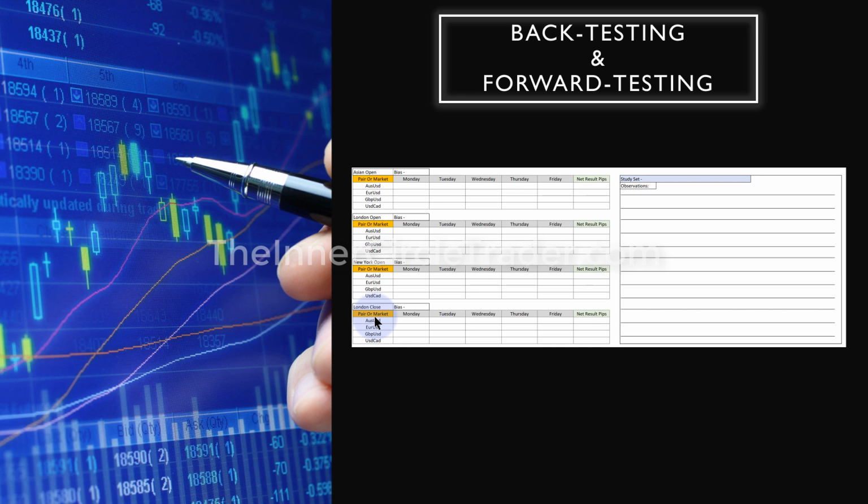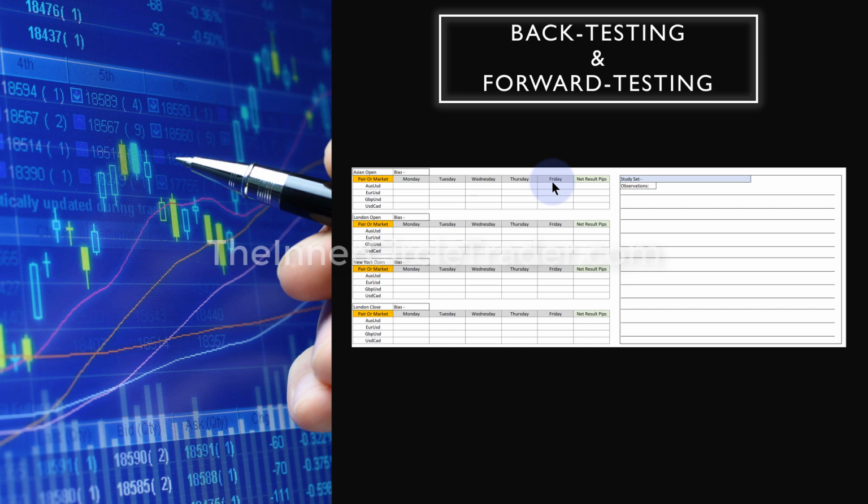At the end of the week, you want to be looking at what was the net result. How many pips did you get with the loss or whatever stop out you would have had? What's the net result? Now, you're not trading with a demo account. You're only recording pips.